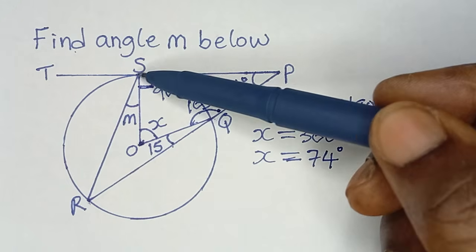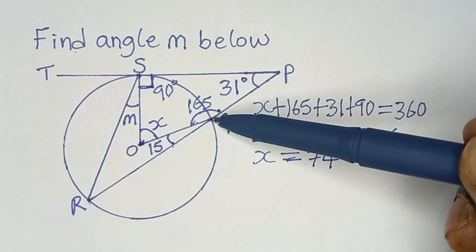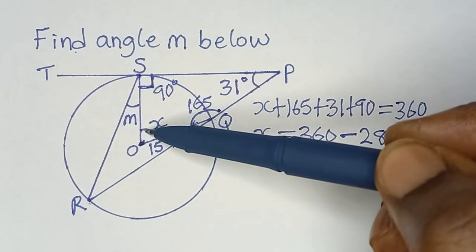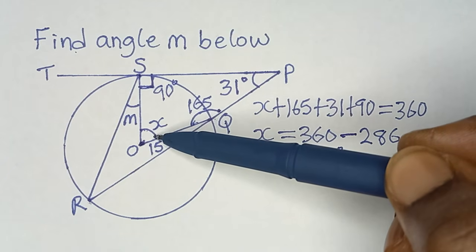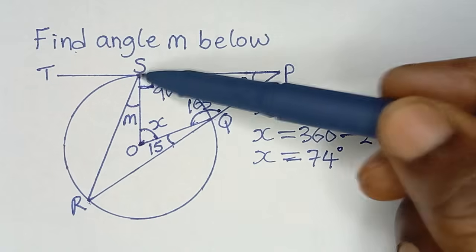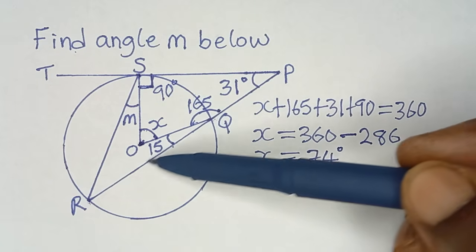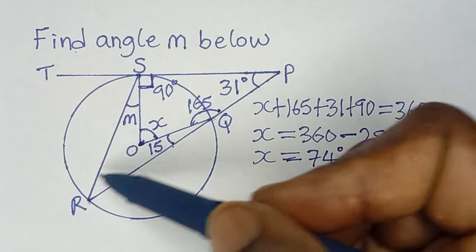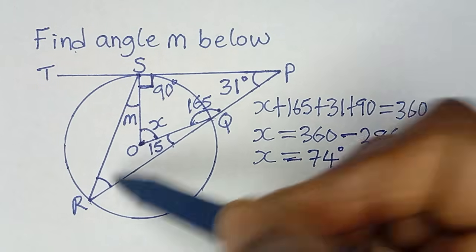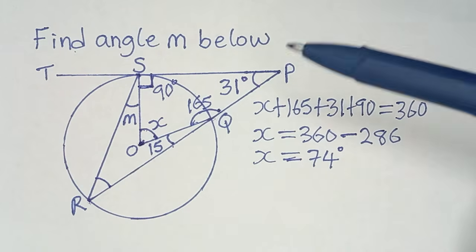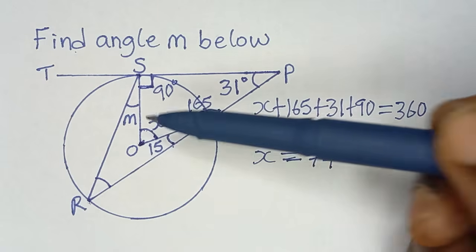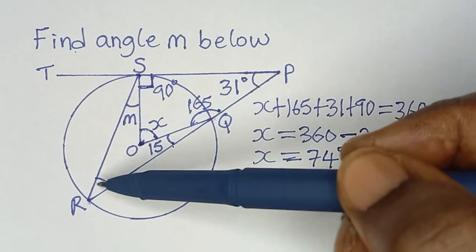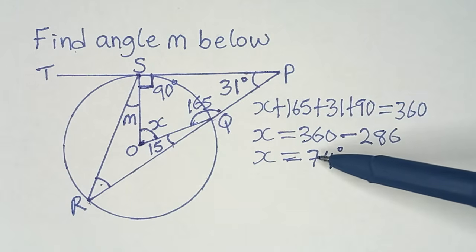Now you agree with me that using these points S and Q, I have these two lines forming this X degree at the center. With the same points S and Q, I have another two lines going to the circumference to form this angle here. So angle at the center is twice that at the circumference. Twice this angle will give us X, which is 74.